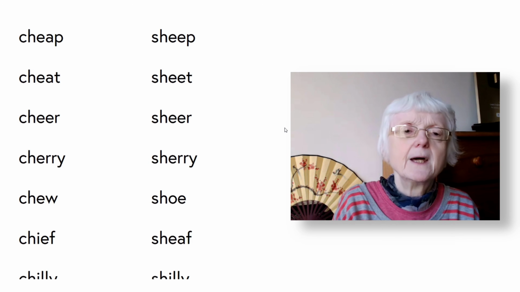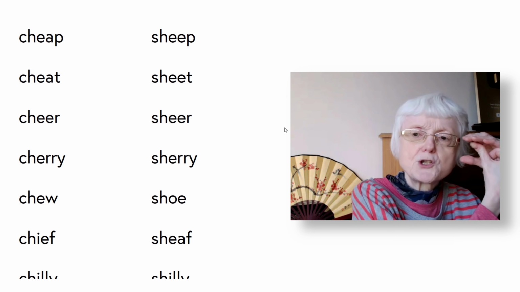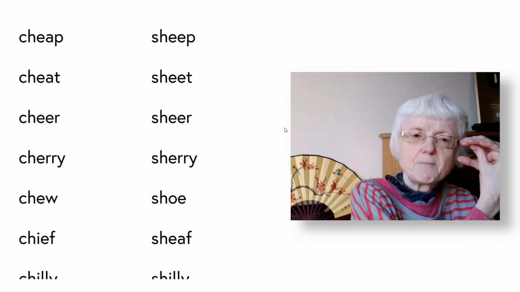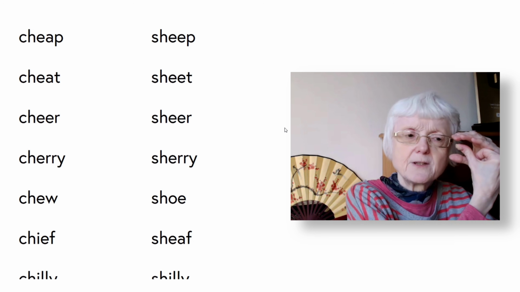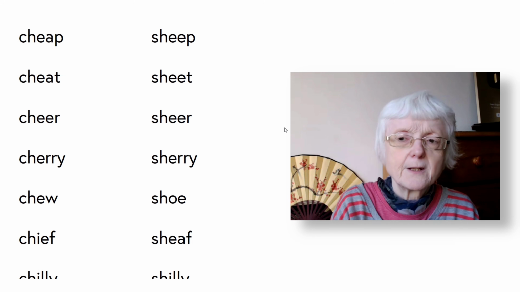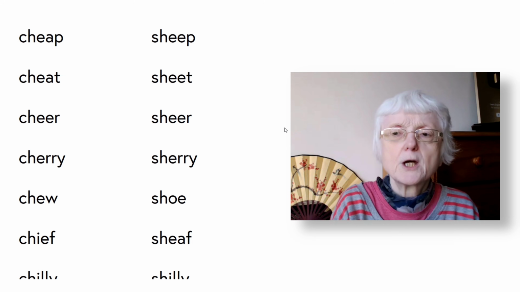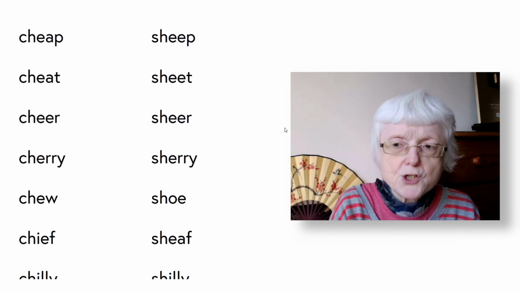And the next one, cheat, sheet. Cheat, and sheet. So after me, cheat, and sheet.